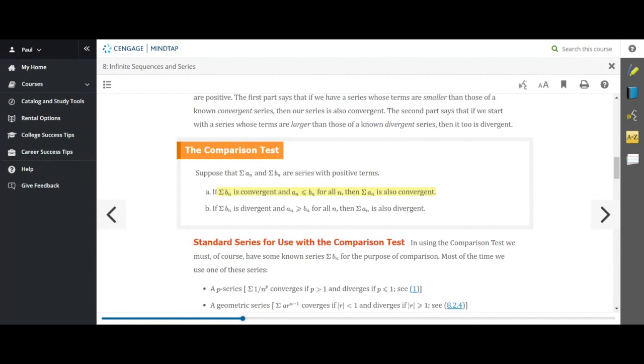Now, for part B of the comparison test, you can show a series diverges if your series is larger than another series and that other series diverges, then your series has to diverge. So that's the two ways that you can utilize the comparison test. Now let's go ahead and look at a few more examples here.